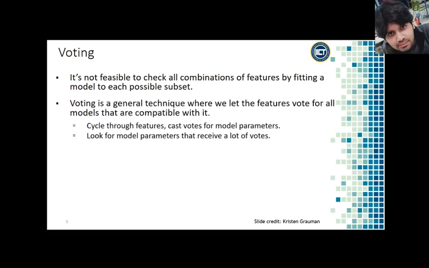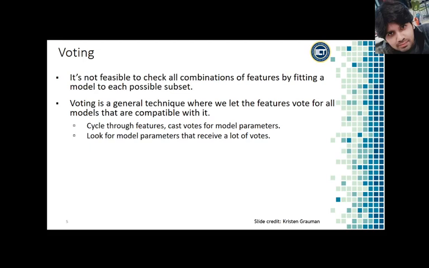Voting is a general technique where we let the features vote for all models that are compatible with them. For instance, in the Hough transform we used an accumulator where we performed the voting function, and we marked the particular line at which the accumulator space had the maximum votes.